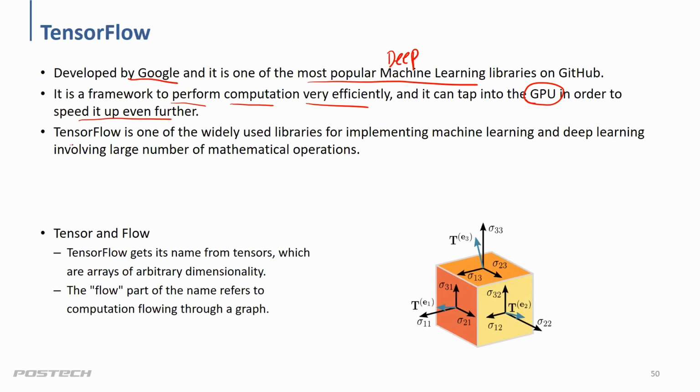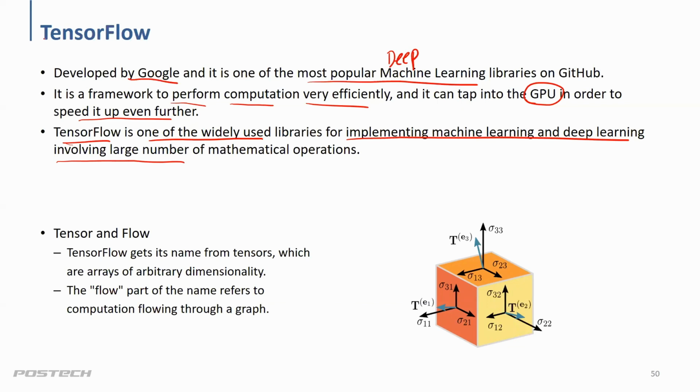It's also one of the most widely used libraries, with a lot of communities and examples on the internet. So that's why we're going to use it in machine learning and deep learning, which involve a large number of mathematical operations.